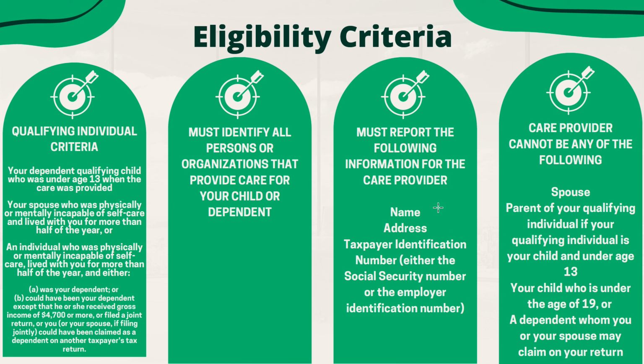You can't have your child babysitting your kids and then determine that that person now qualifies for the care credit. And it can't be a dependent that you or your spouse can claim on your tax return. A likely scenario might be your child who's over the age of 19, but you're still claiming him or her as a dependent on your tax return because they're in college.